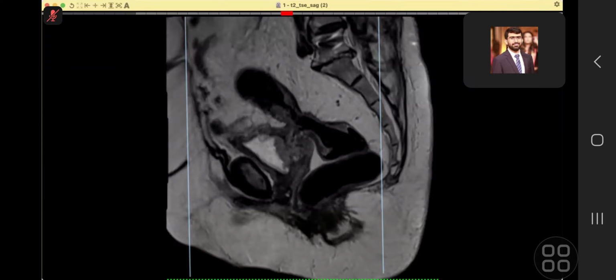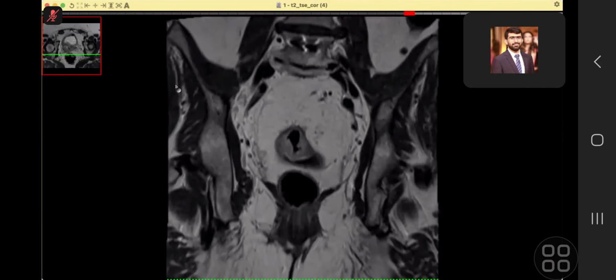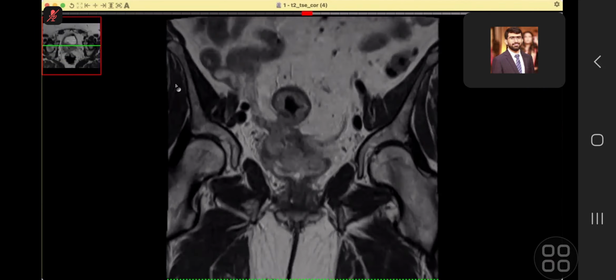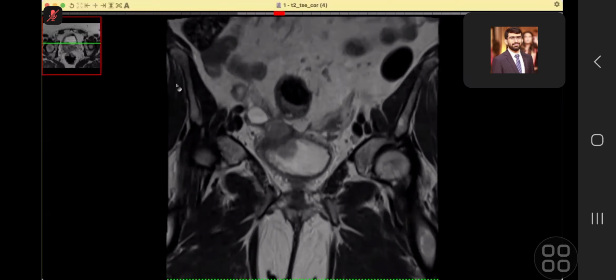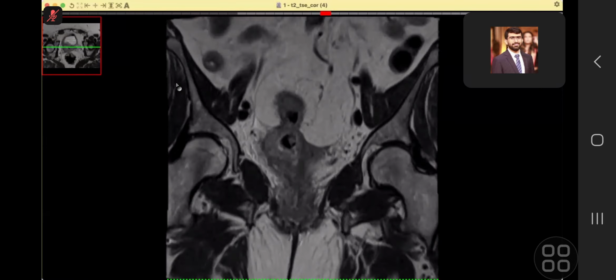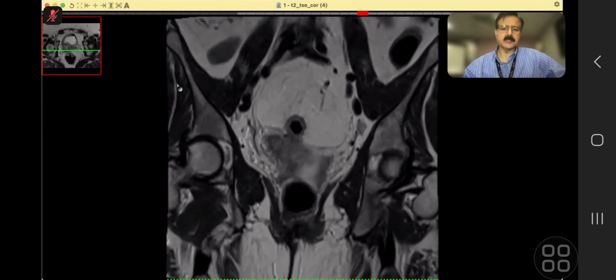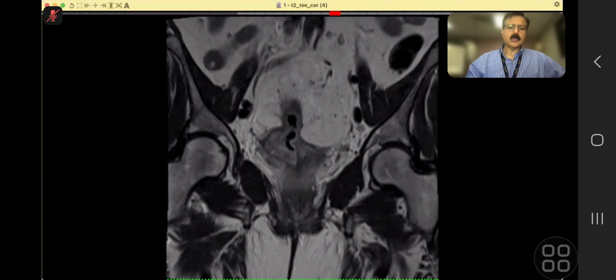It can also be a carcinoma of the sigmoid, adenocarcinoma of the sigmoid, which has caused these appearances. But my first differential will be the same, that it's a recurrent cervical carcinoma. Right. Okay, then. Thank you.